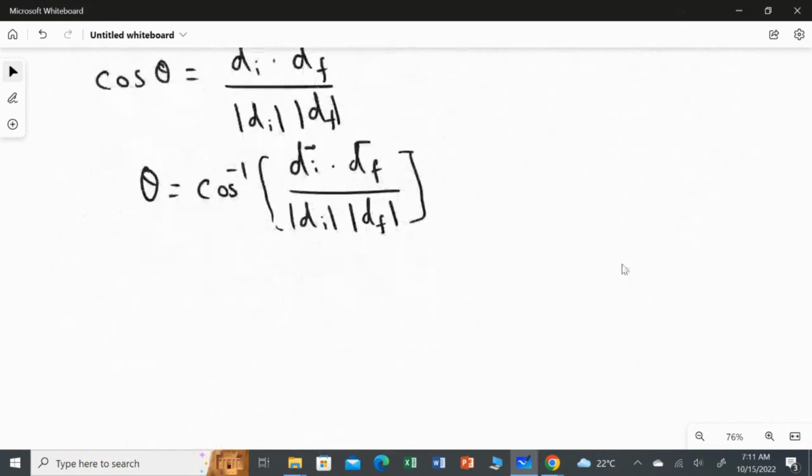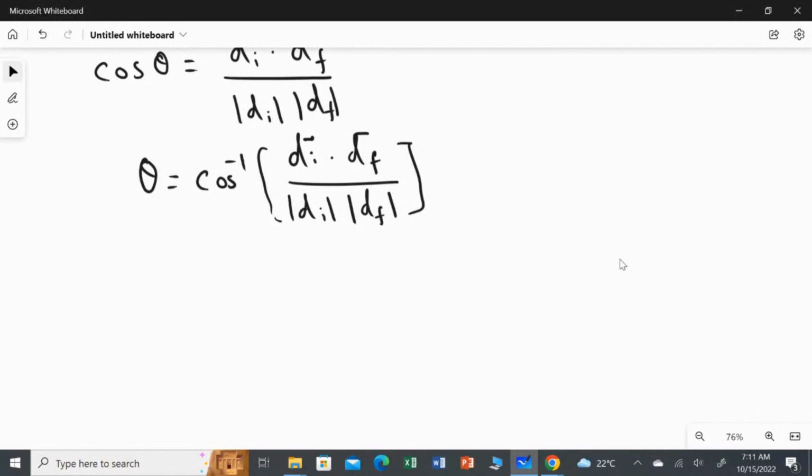So what's the value? Theta is equal to cosine inverse of di dot df, which we found just before as 12. Am I right? 12 divided by the magnitude of di, which we found as 6.16, multiplied by the magnitude of df, which we found as 9.49.